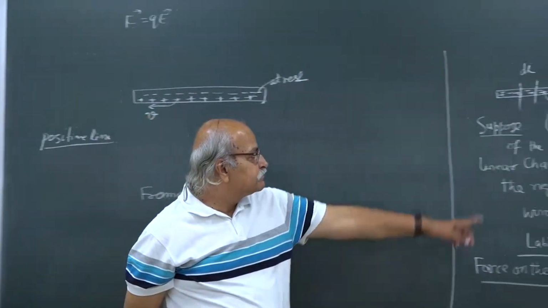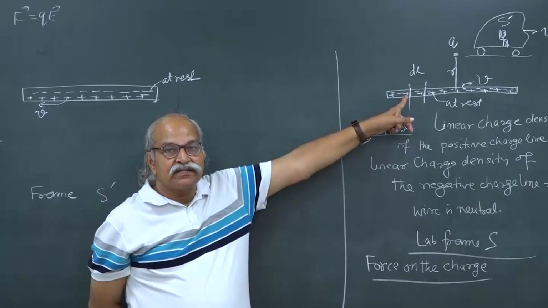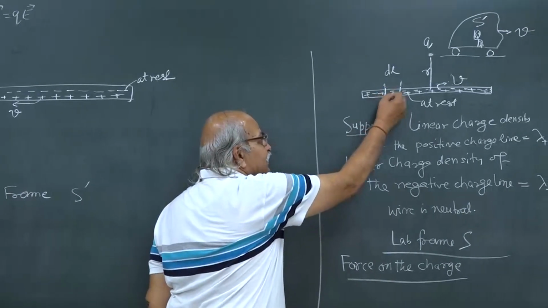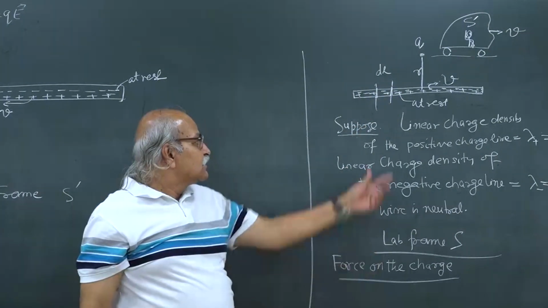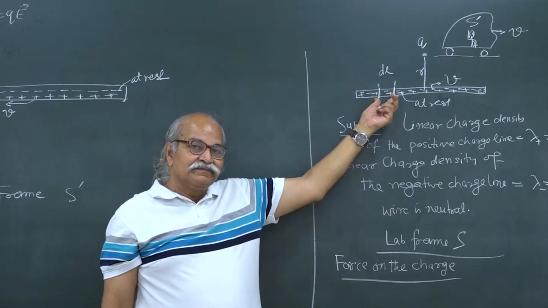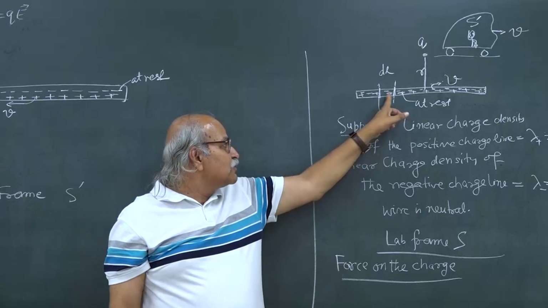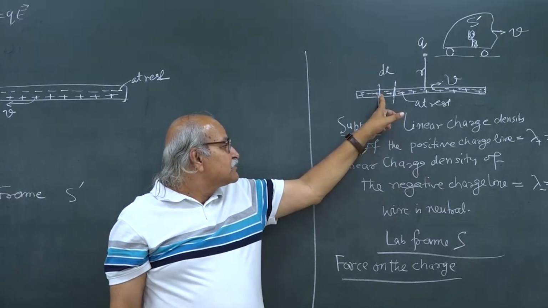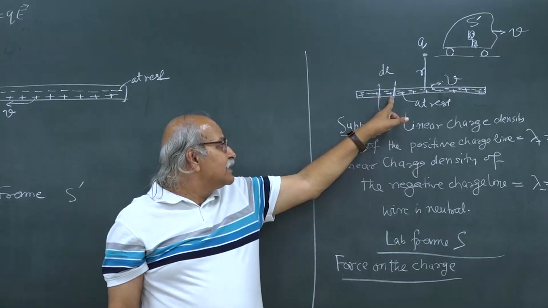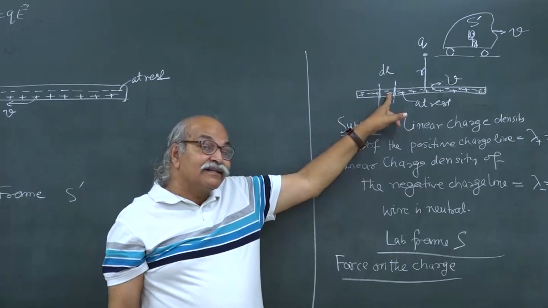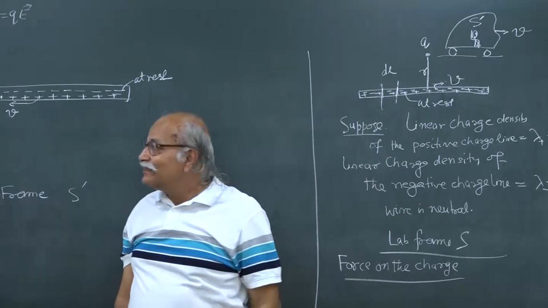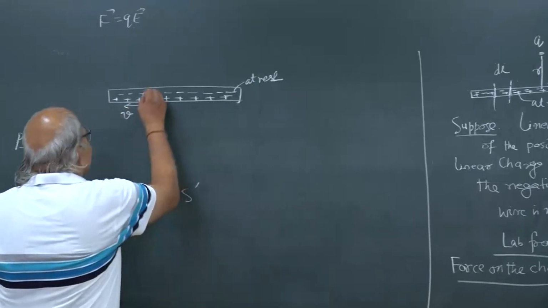In S frame, the positive line is at rest. Suppose this is the length that I am looking at, this separation. For the positive line, the separation here is dl, and the positive line is at rest in S frame. But the positive line is now moving.